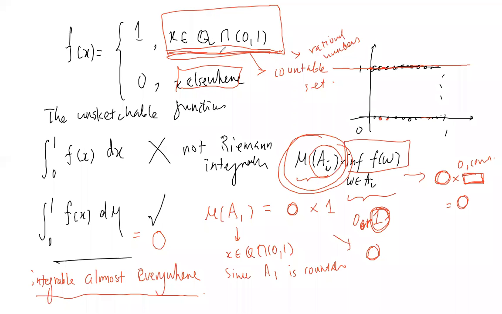It happens that for the set you're interested in here, this is a countable set, so the measure is naturally 0. Are you okay with this example? Yes, doctor.